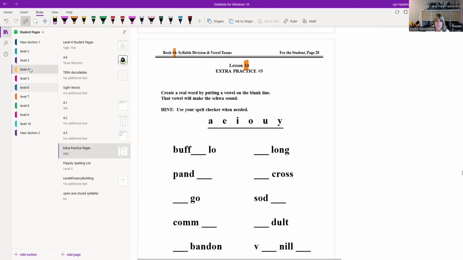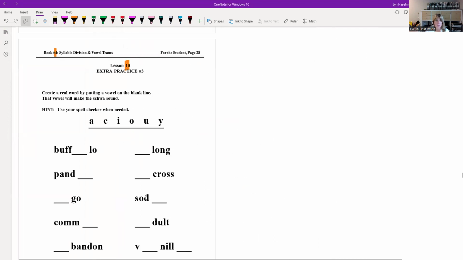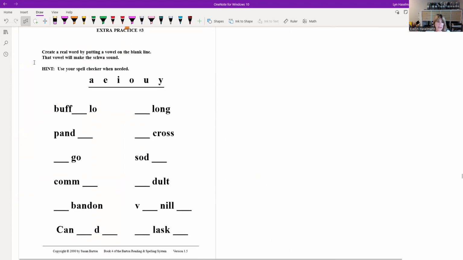All right, so let's get to the practice work today using our new banana rule. Create a real word by putting a vowel in the blank line. That vowel will make the schwa sound. And then the students can use their spell checker when needed.